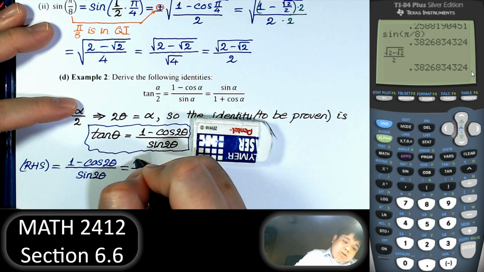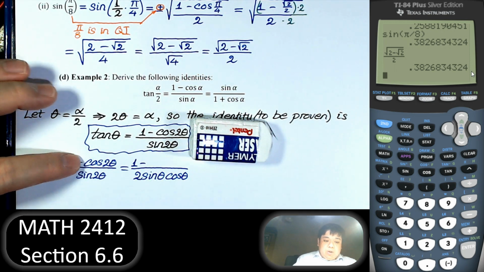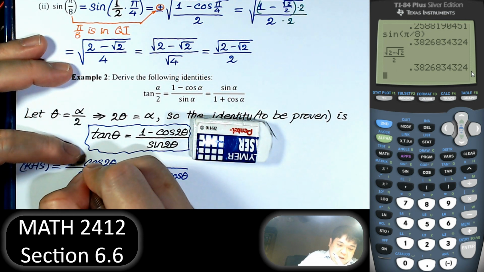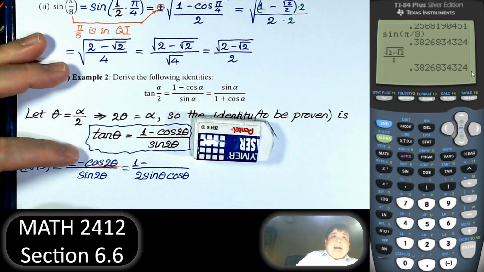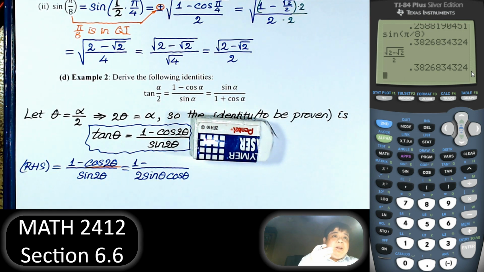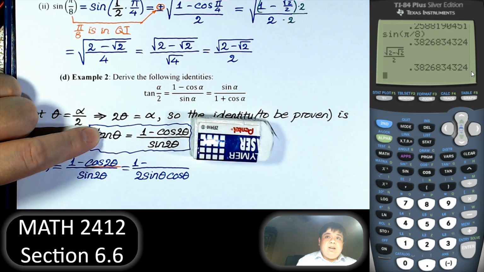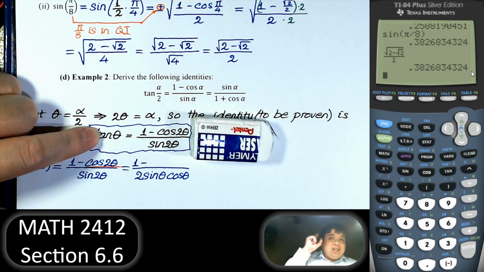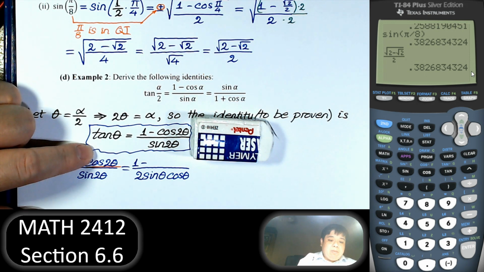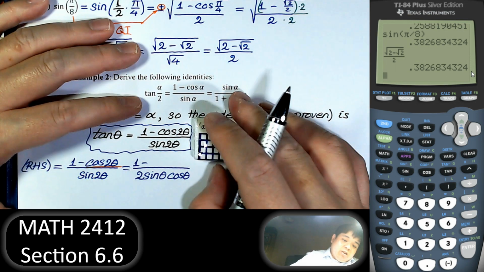But on the top, we have a choice, so that cosine of 2 theta, the double angle, can be written in something that has sine on the top. Once again, we need tangent on the left-hand side, meaning we have sine on the top and cosine at the bottom.